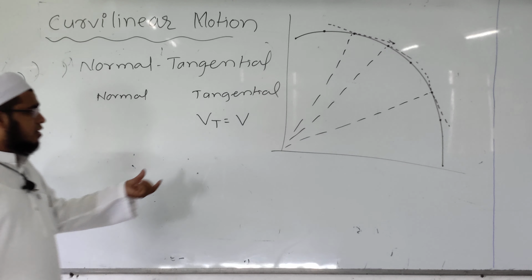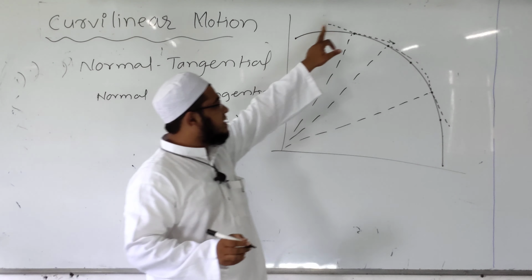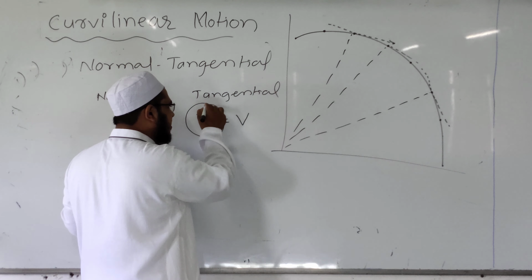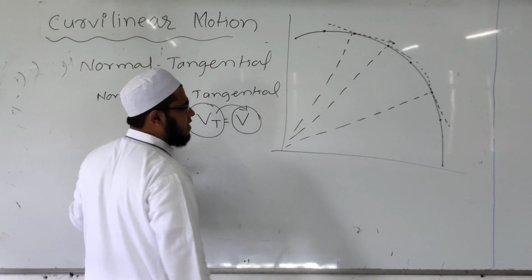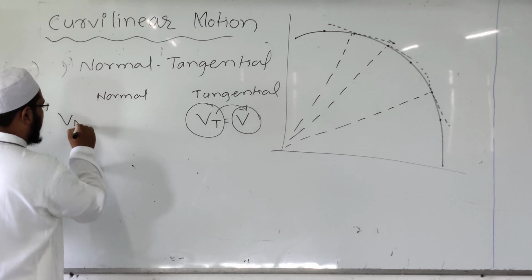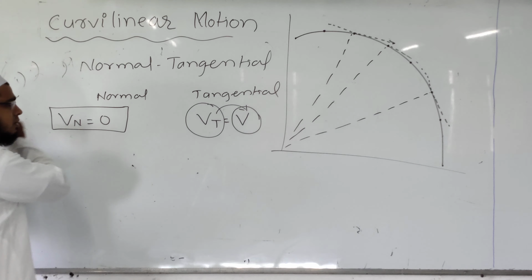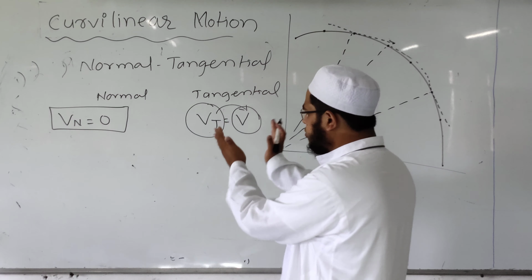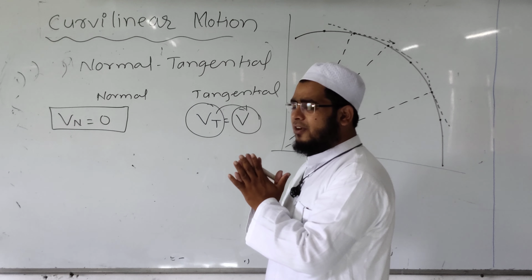Again, in the normal tangential system, the velocity is always in the tangential direction. Whatever the component in the tangential direction, it is always equal to the total velocity of the object, and Vn, the normal component of the velocity in that case, is 0. No need to resolve in this case.